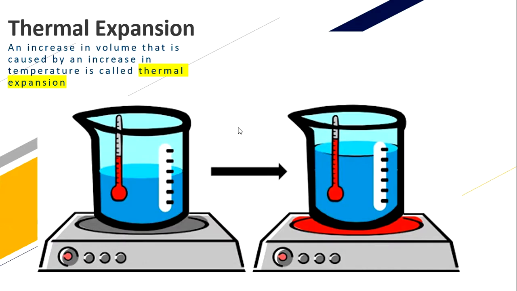Scientists, engineers, and architects consider the effect of thermal expansion when choosing materials to build houses and other structures. Now, not all materials respond to change in temperature in the same way; some may expand more than others. So thermal expansion again is an increase in volume that is caused by an increase in temperature. This is thermal expansion.